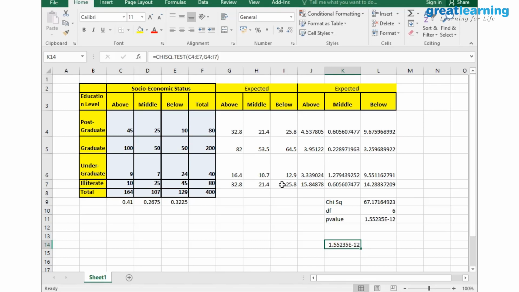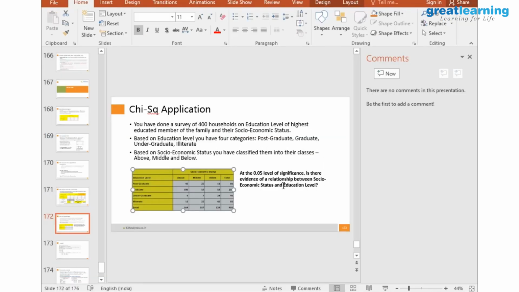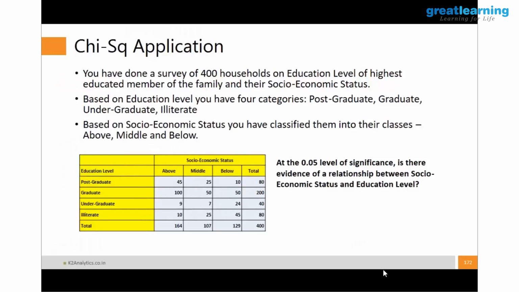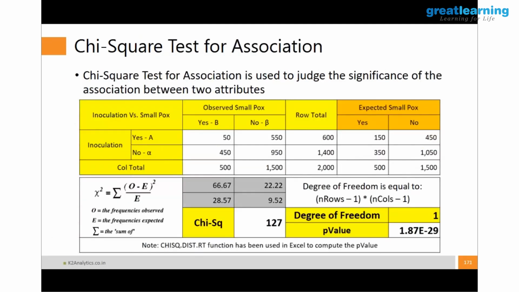Yes, sir. The formula I mentioned, x square is equal to chi-square, not x square, chi-square. In the slide presentation it mentioned x square. In the Excel formula it shows x comma degrees of freedom. I said that chi is represented by the symbol x, a slight variant of chi. It is not x square, it is chi-square.